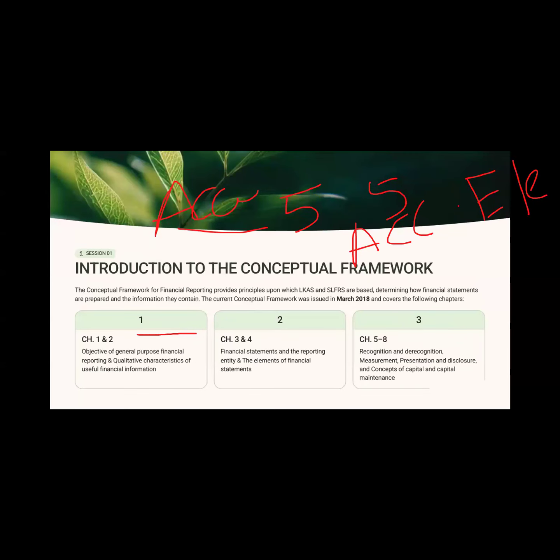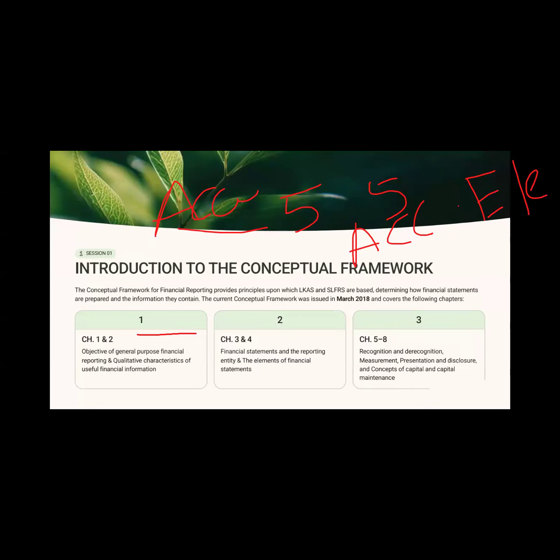What does it mean? Normally we have five financial statements. Likewise, we have five accounting elements. What are the accounting elements? You should know the difference between accounting elements and accounting statements. Accounting elements means the items we are going to show in the financial statements.